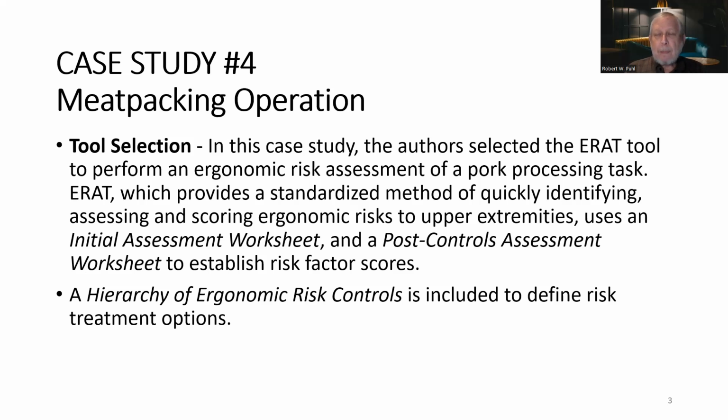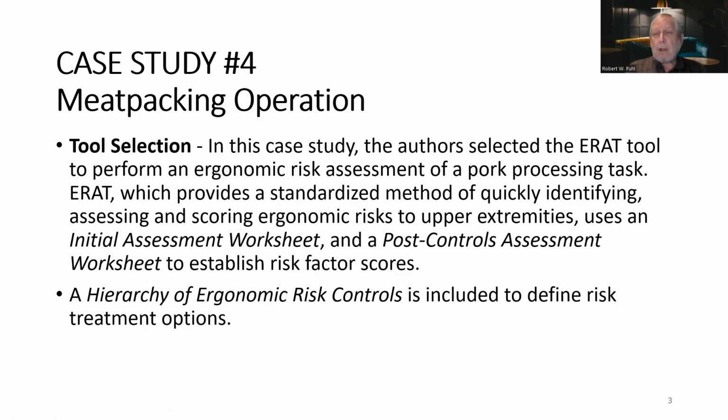Now, most of these ergonomic risk assessment tools focus on the upper arms and upper body. And that makes a lot of sense because most of your ergonomic injuries are coming from your arms and back. And of course, the neck too, if it's twisted or tilted from those awkward postures, which is one of the big risk factors in ergonomics.